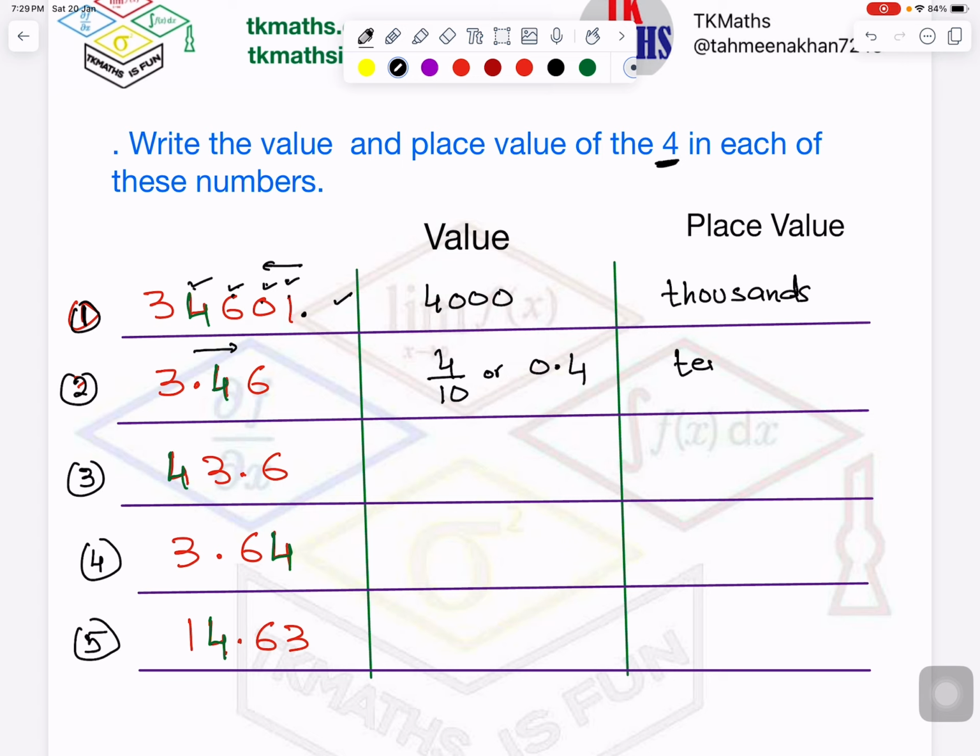Tenths, or you can write 1 upon 10. Now in the third case, the 4 is on the left hand side of the decimal. So the first digit is units, then tens. So the value is 40 because it is the tens place, and the place value is tens.